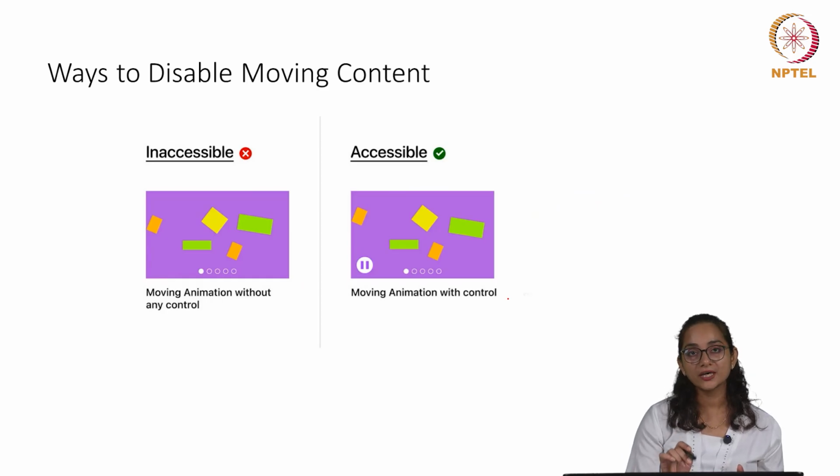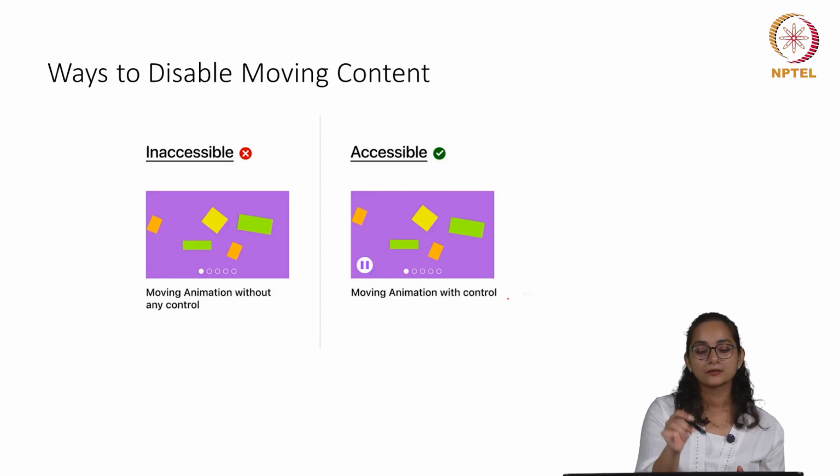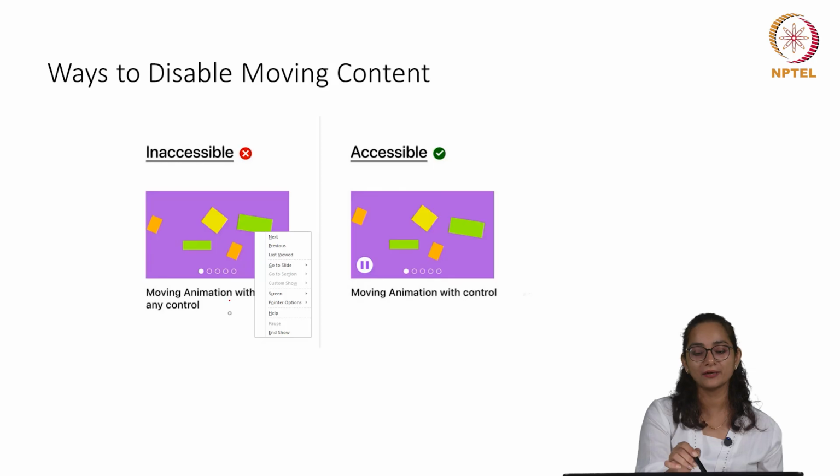Try to look for ways to disable moving content. For example, nowadays it is very common that the banner is a video, and as soon as you land on the page, it starts playing.